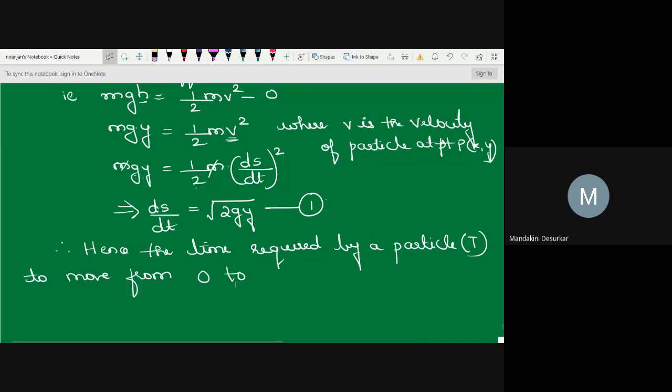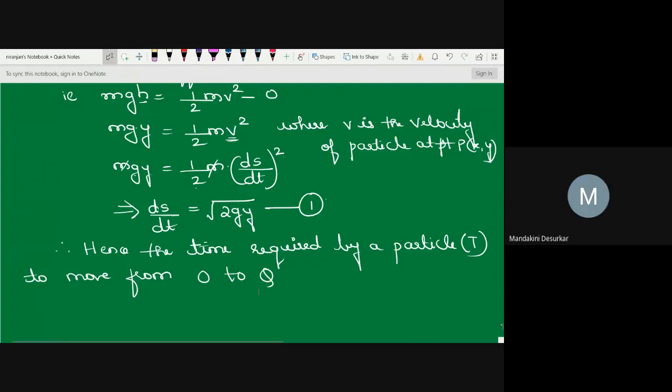Can anyone tell me? It has to be P or Q. You only answer me this. Q. Very good. It has to be Q.